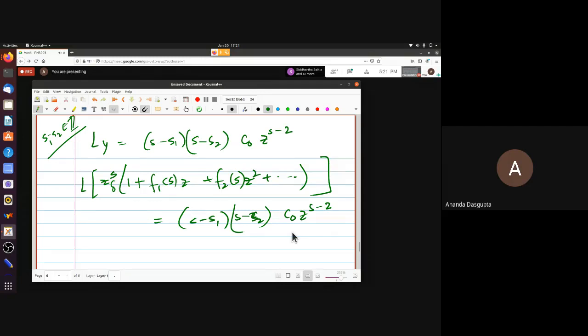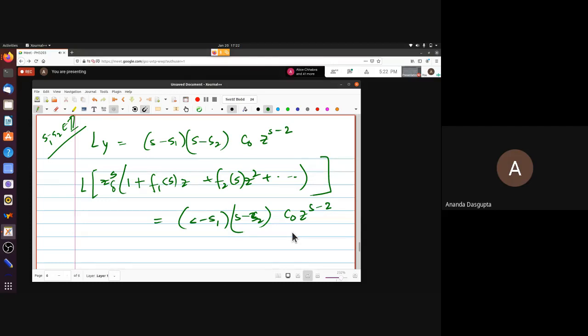But can I partially differentiate this with respect to S and put in S equal to S1? And will that give me a second solution?